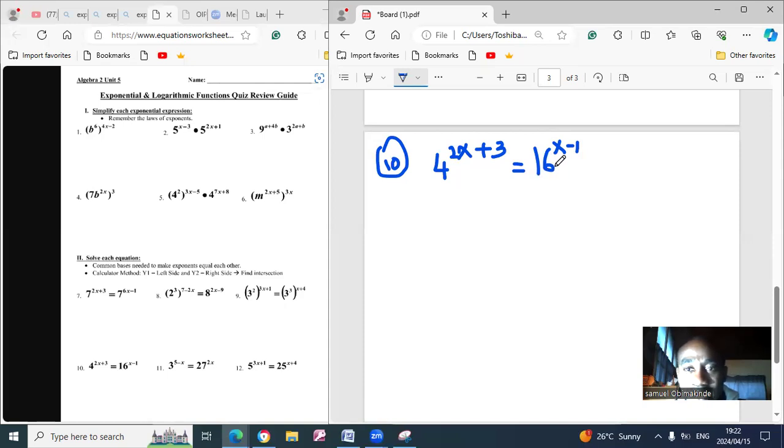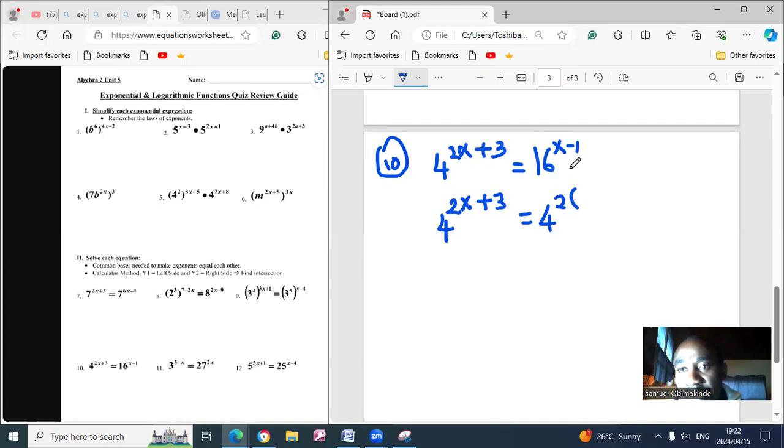You can write 16 as a product of its prime factor. In that sense, you convert 16 into a form that will have base 4. So here, we have 4 exponent 2x plus 3. Then instead of writing 16, 4 squared is also equal to 16, right? So you just write 4 squared there.